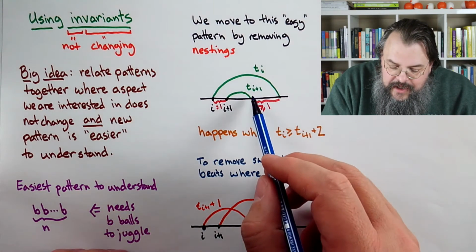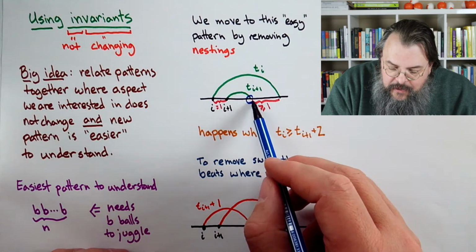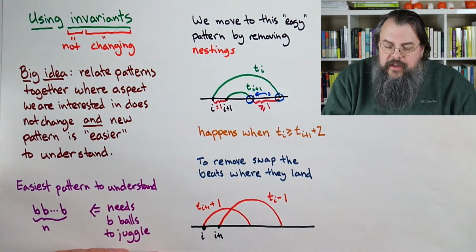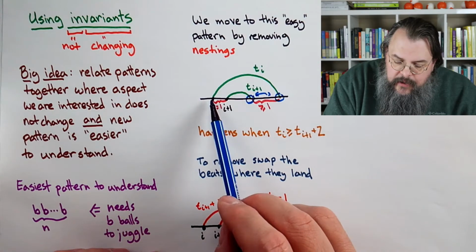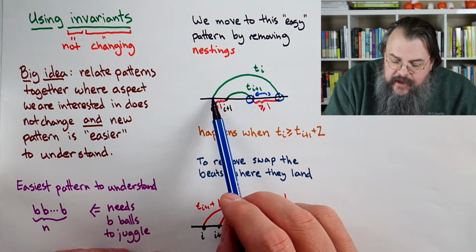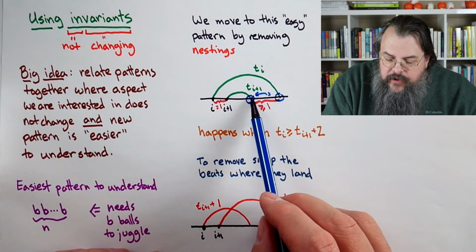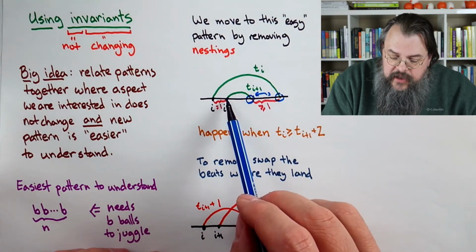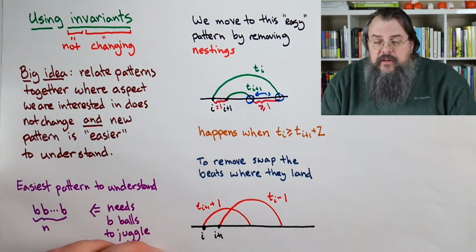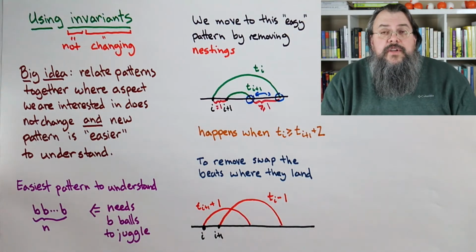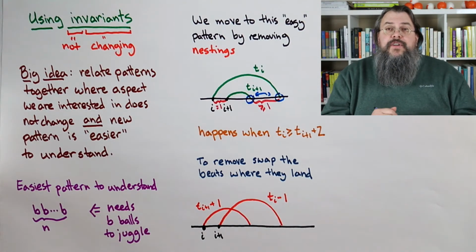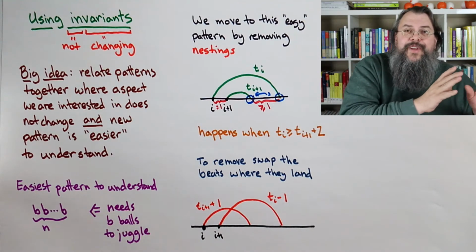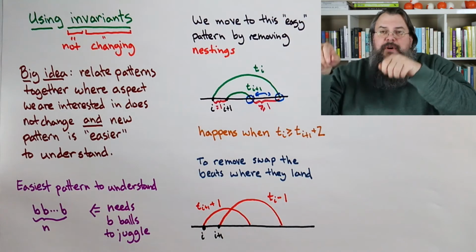We're going to swap our landings, so that the throw that originally came out at time I is going to land where the throw that came out at time I plus 1 landed. And the throw at time I plus 1 is going to land at the time that was originally thrown at time I. Of course, we're just showing it in one piece, but we're going to do it all the way down simultaneously.